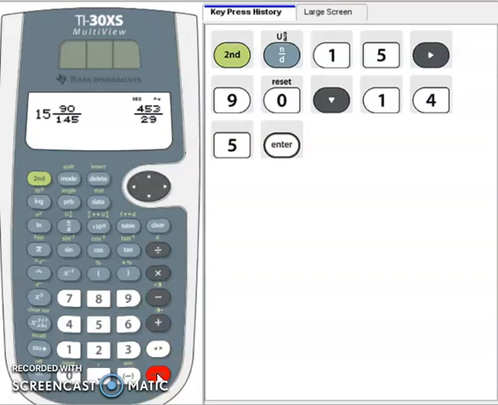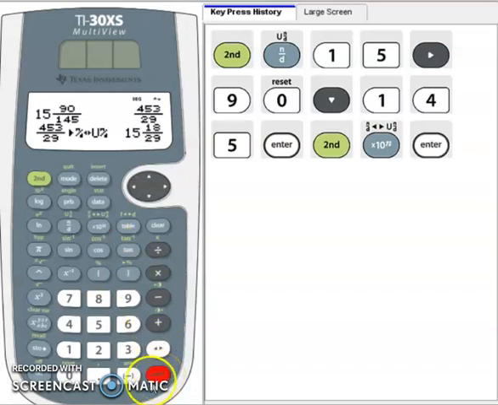Now it might switch it to improper like mine did. So then I'm going to hit second times 10 to the nth power, which is right beside the fraction button, and then hit enter. And notice it reduced it for me. Once it switched it back to a mixed number, it went ahead and reduced it.